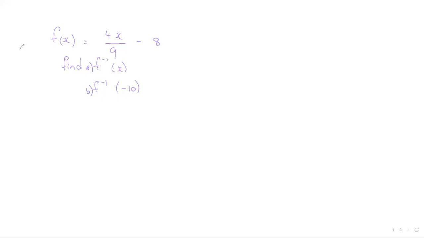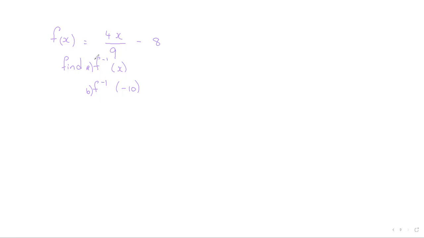All right, so let's say they gave us f of x is equal to 4x over 9 minus 8. And they asked us firstly to find f inverse of x.